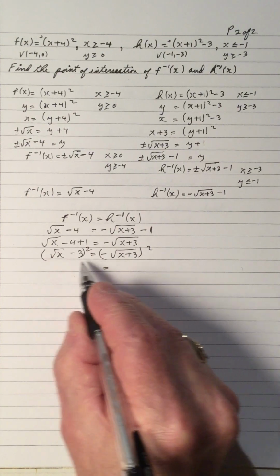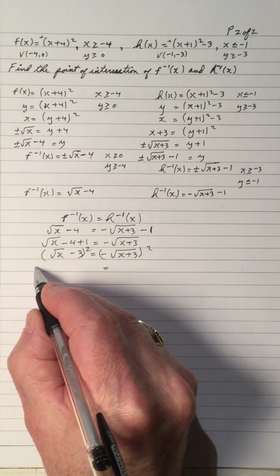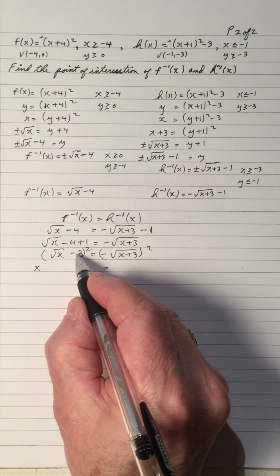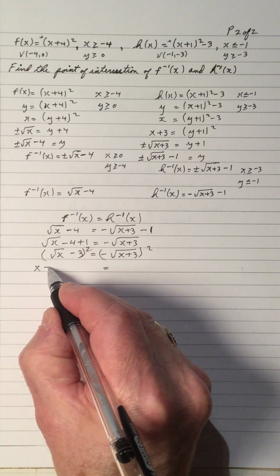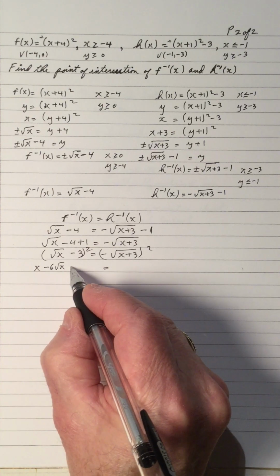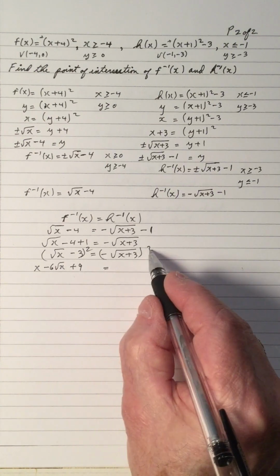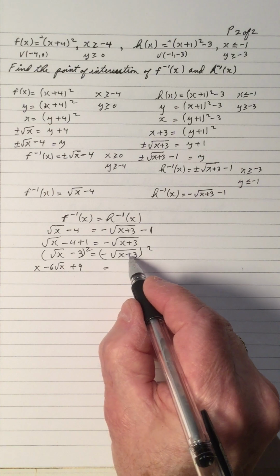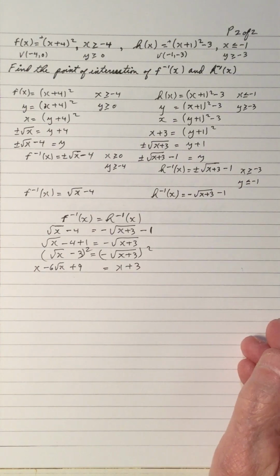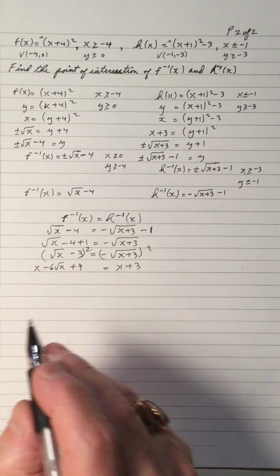When I square this side, the root of x times the root of x is x, and the product of these two is a -3 root x doubled, so it's a -6 root x, and a -3 times -3 is a +9. The root of x plus 3 all squared is an x plus 3.